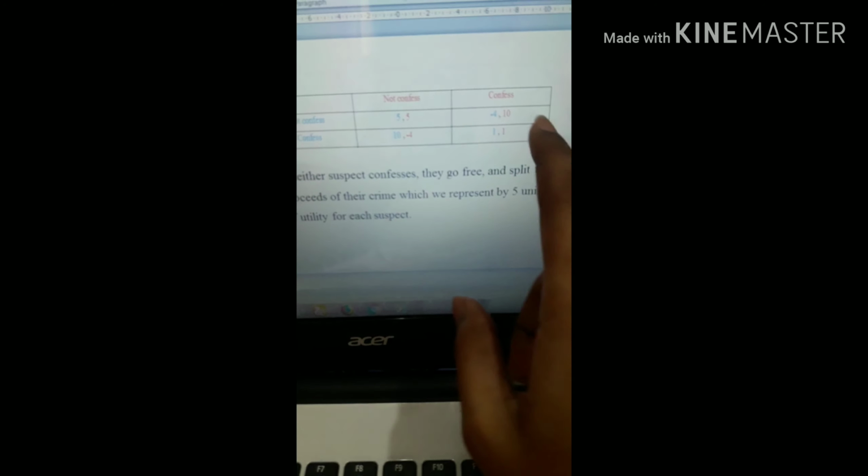If this person confesses and the other one doesn't, the person who confessed will be set free, and the one who doesn't confess will have 6 years of jail. If both of them confess, each of them will get 1 year of jail.